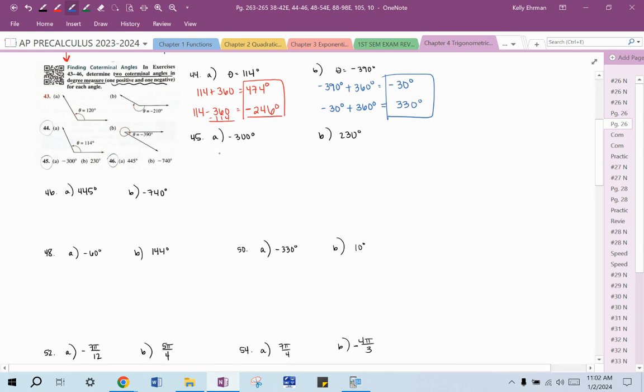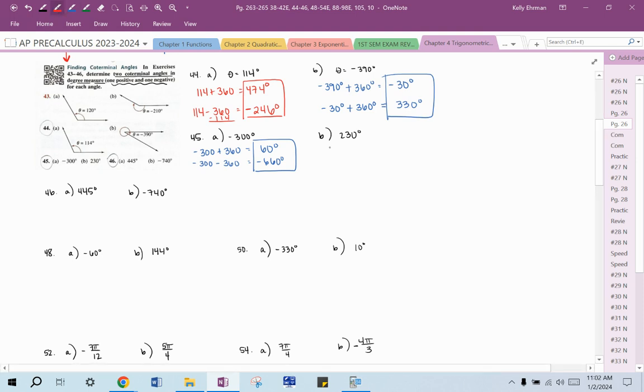For 45, we've got negative 300 degrees. So if I add 360 to that, I get positive 60 degrees. There's a positive coterminal. And if I subtract 360, I get negative 660. So that gives me one positive, one negative.